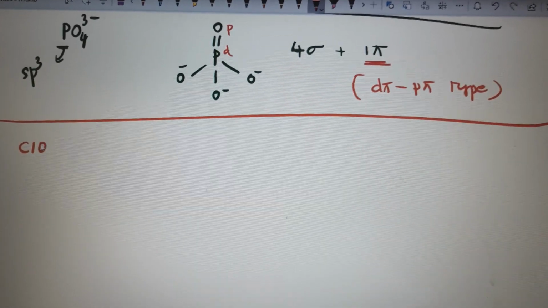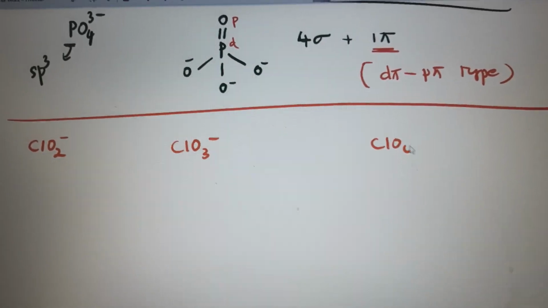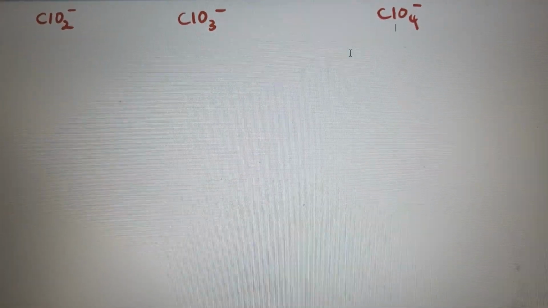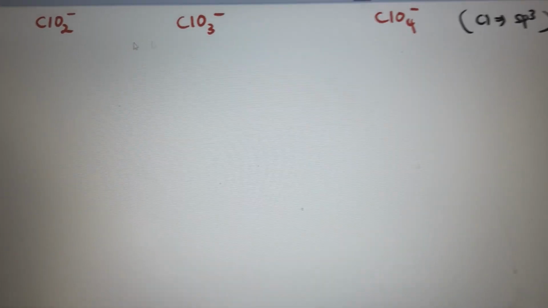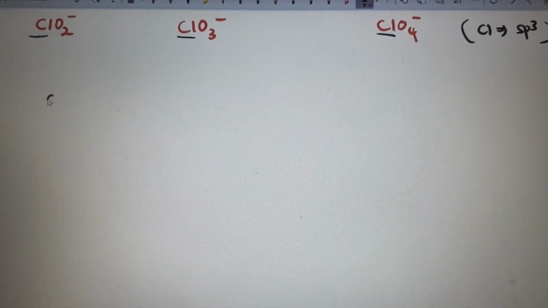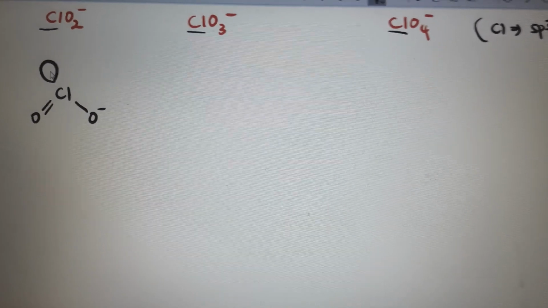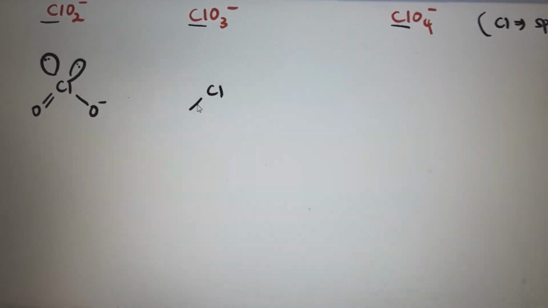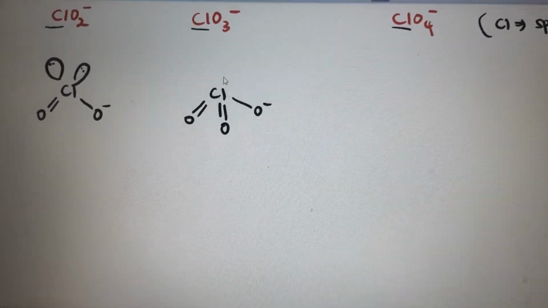Then ClO2-, ClO3-, ClO4-. Calculate the number of dπ-pπ bonds, or explain if any pπ-pπ bonds are there. The oxo acids of chlorine and their anions have chlorine sp3 hybridized in all these cases. In ClO2-, Cl is double bonded to O and bonded to O-, with 2 lone pairs. In ClO3-, there is one lone pair.